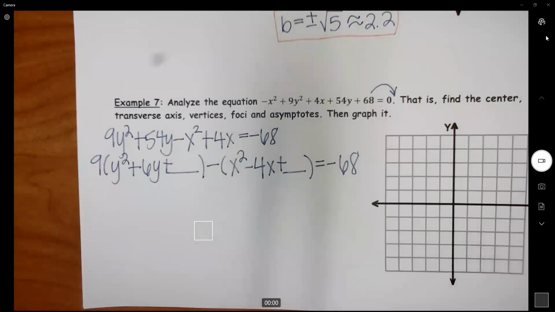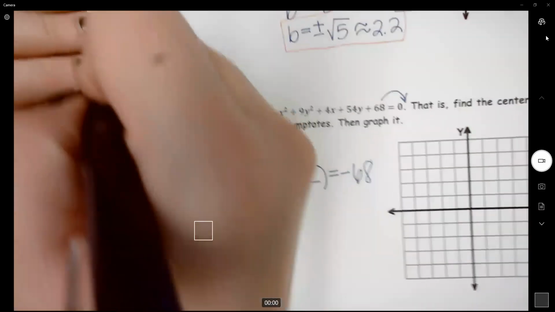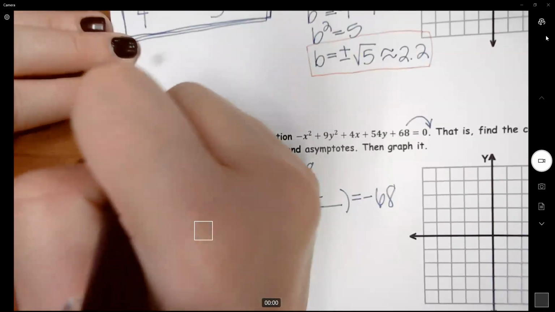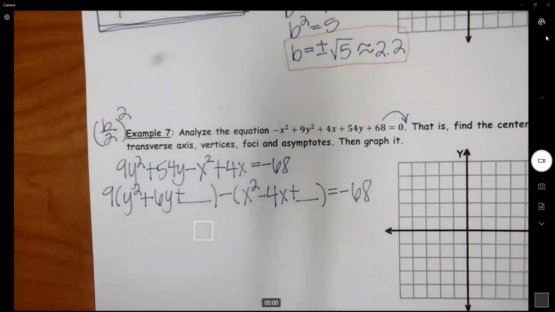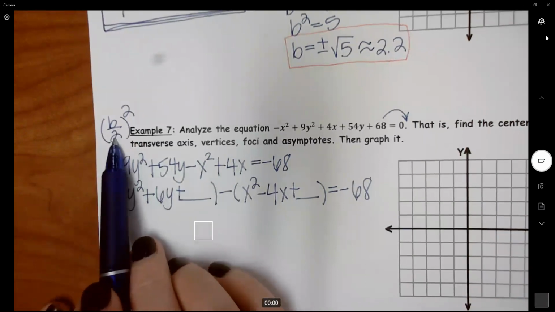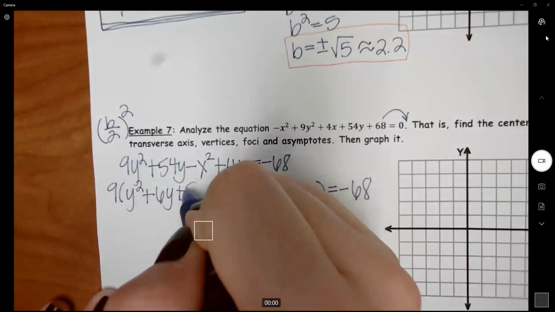So let's figure out what to add. We will use b over 2 squared to figure out what goes into these blanks. So the first one, 6 divided by 2 is 3. 3 squared is 9.